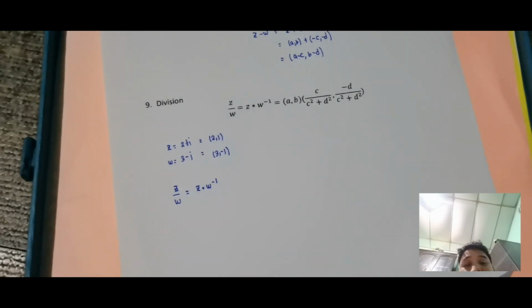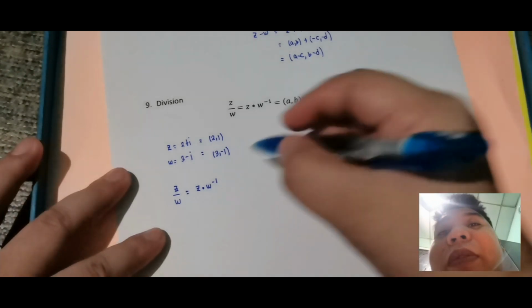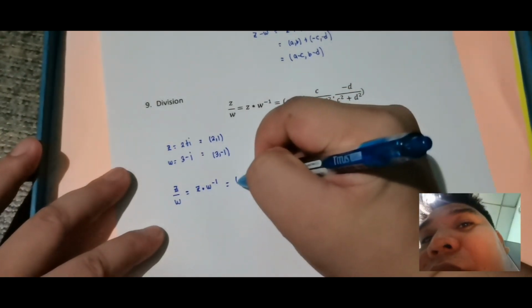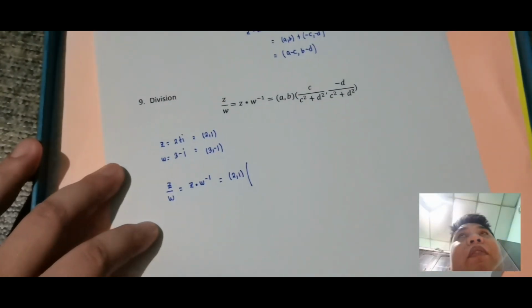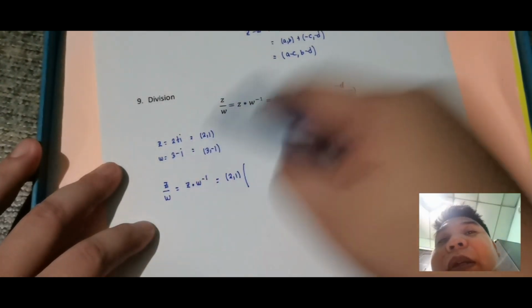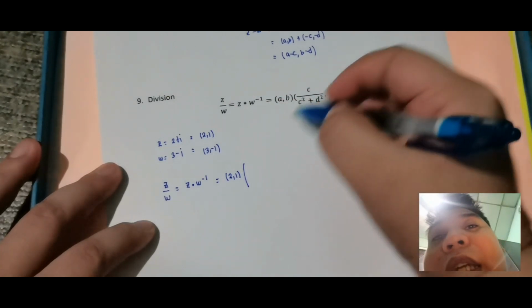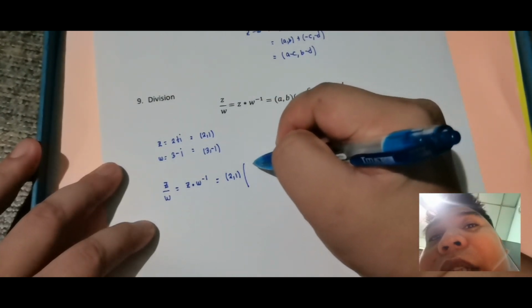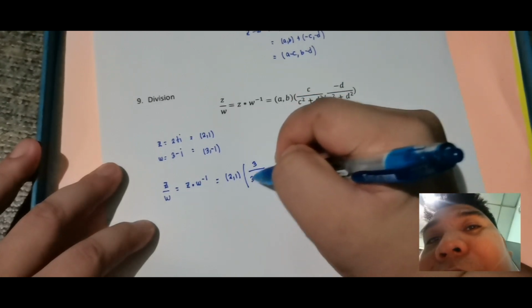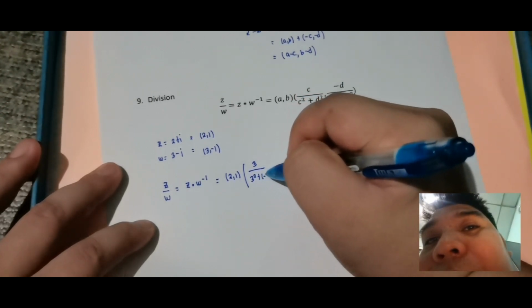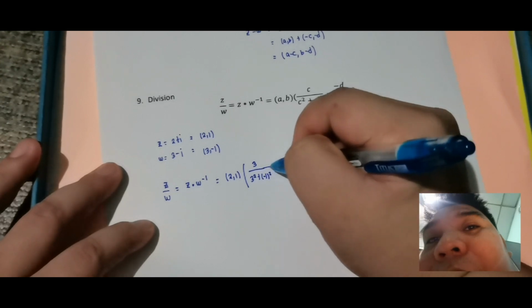So, bago tayo mag-proceed sa multiplication na yan, gusto mo, sabay na natin sa pag-solve. So, for example, yung z natin is equal to (2, 1), then multiplied by w inverse, diba (3, negative 1)? So, ang sabi sa multiplication, that is, yung a o yung 3 over 3 squared plus negative 1 squared.